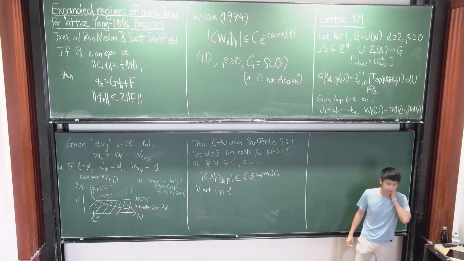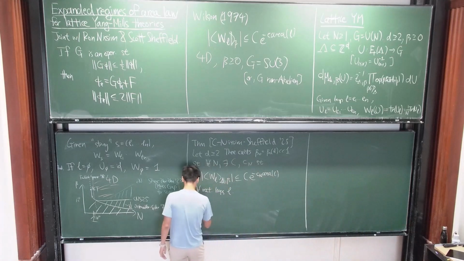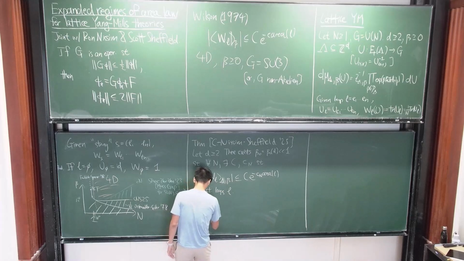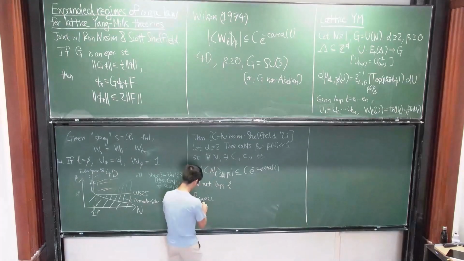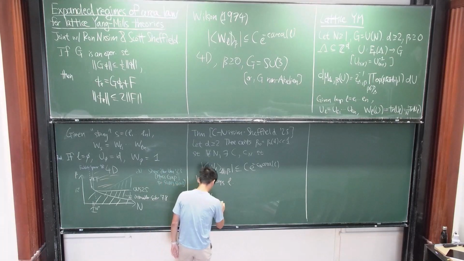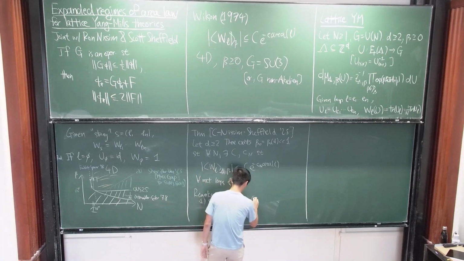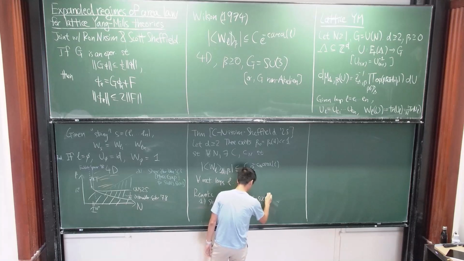Okay, so maybe some remarks. The first is that I already mentioned this earlier, but it should also work for the group equal to SU(N) and SO(N).